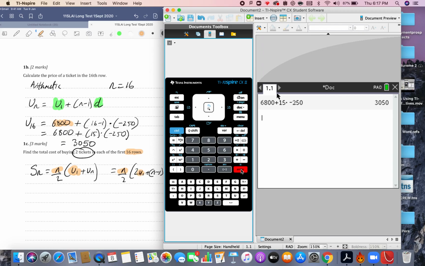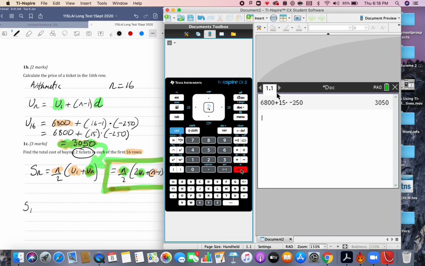We've got d. So it looks like this formula is good to use. But also, u of n here is u16, and we've already found u16 from the previous question. So we can use either formula. I'm going to use this one because the n is 16, the u1 is given in the question, and the d we got from the first part. What if the u16 we found was actually wrong? Maybe we'll do a wrong follow-through. So anyway, I'm going to use the second formula.